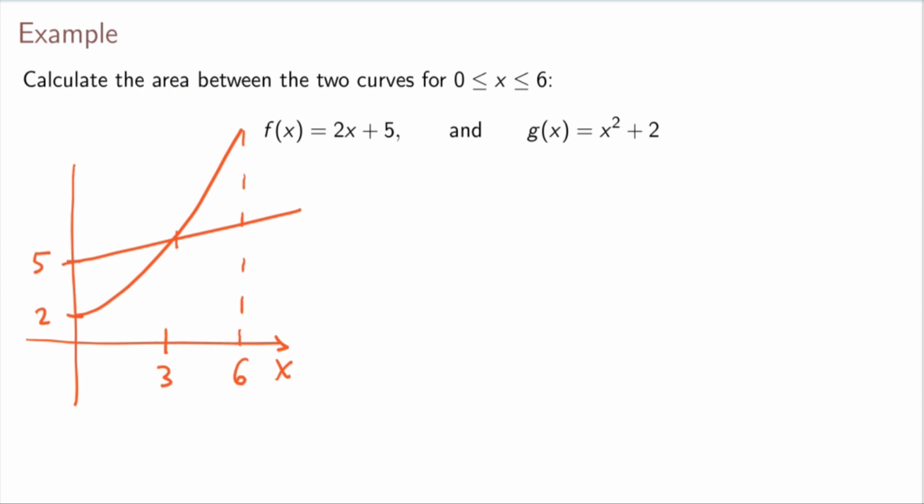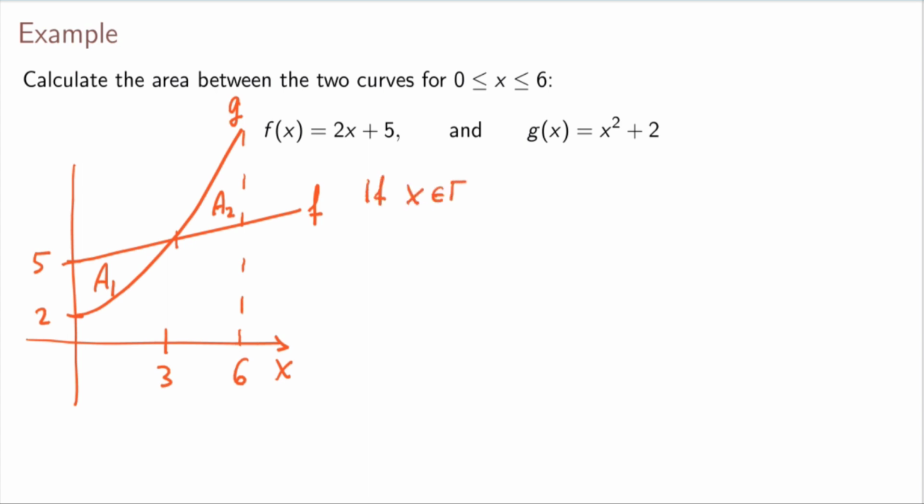Now you see the area between the curves consists of two parts, A1 and A2, where in A1 the first function f is the top function. However, in A2 the second function g is the top function. And we saw that for the area between curves we always do top minus bottom, so we have to flip the orientation once, and we flip it at 3.